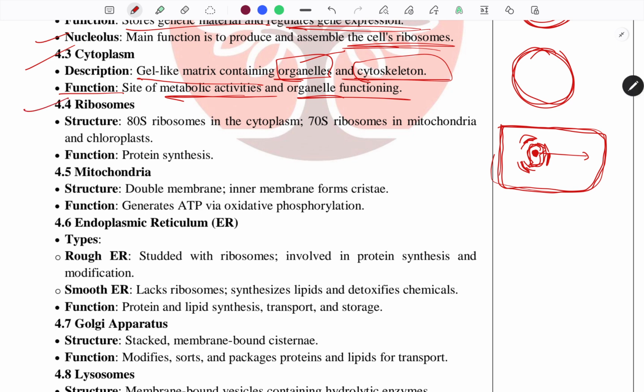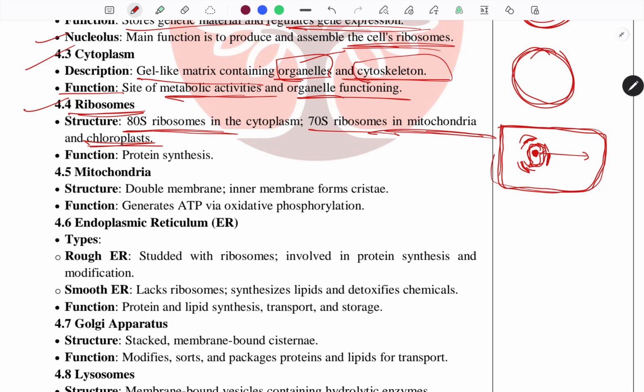The next organelle present here is the ribosome. It's a clear difference from what we discussed. Here, 80S type of ribosomes are present in the cytoplasm, and 70S type of ribosomes are also present in the eukaryotic cells, but inside the mitochondria and chloroplast.